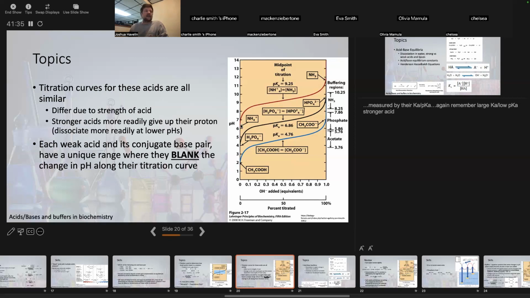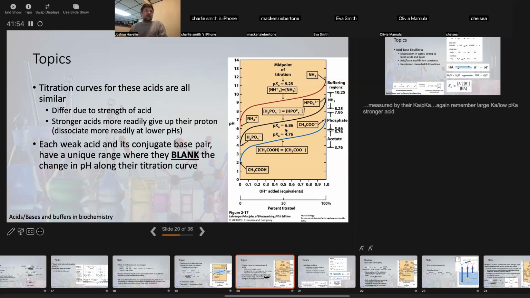So again, one of the reasons we care about this as biochemists or cell and molecular biologists is that if we're studying a certain reaction or a certain metabolic pathway that occurs best at a certain pH, right? Say we're trying to study reactions that occur within our cells that are typically at pH 7.4.